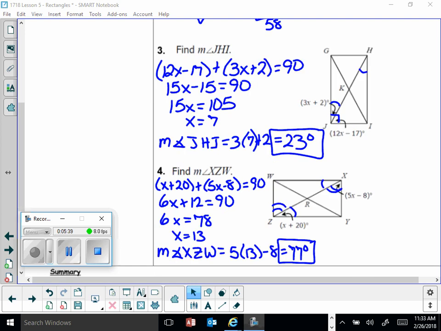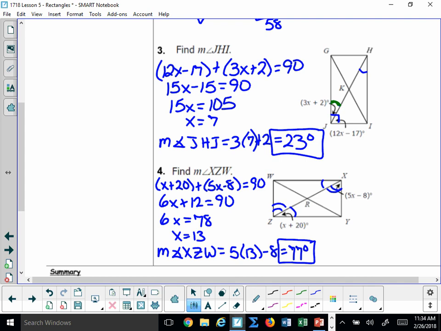All right, ladies and gentlemen, check your work here. I started in number 3 with the fact that these two angles were complementary, solved for x, and then I used alternate interior angles here and here in order to know what expression to use to solve for angle JHI.